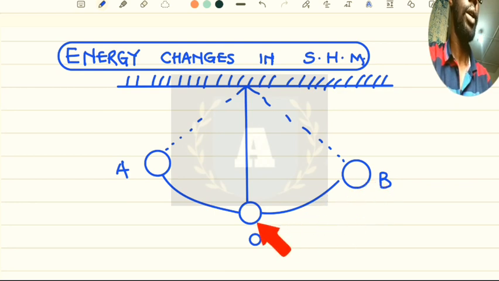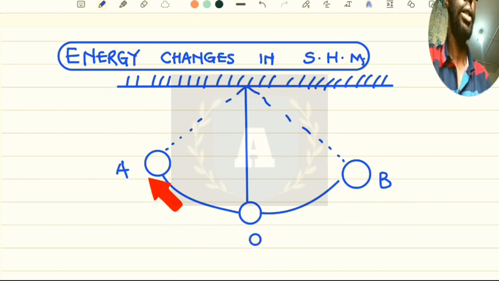Then coming back to O, then back to A. At point A, it also experiences the greatest potential energy. Then on coming back to O, it has kinetic energy, which becomes maximum, and then kinetic energy starts decreasing and changes to potential energy, then changes again to kinetic, then decreases to become potential energy.